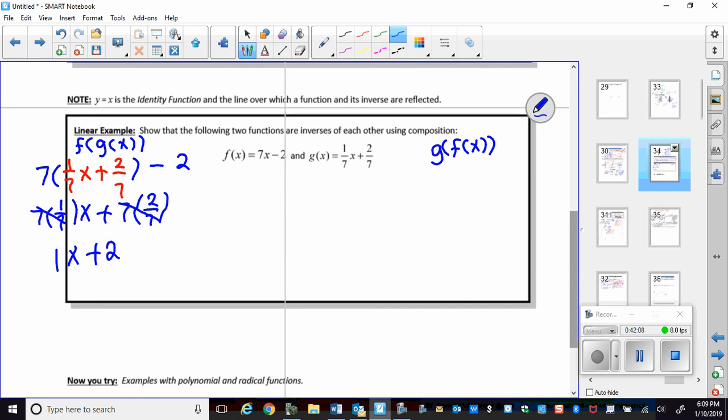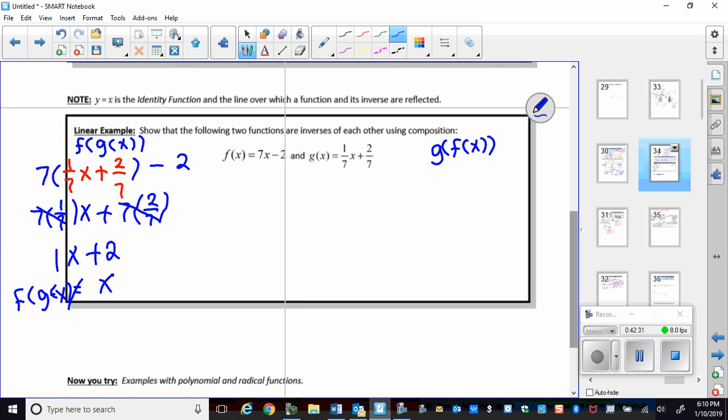It does not look like this equals x, but I'll keep going, and I'll make a note: f of g of x does not equal x. I already know these aren't inverses, but we're just going to check.